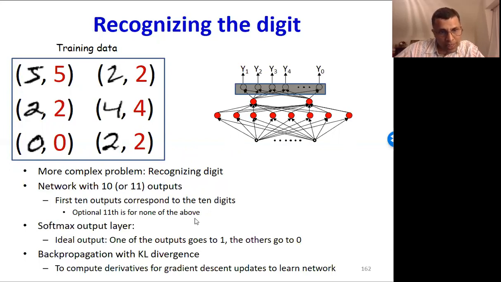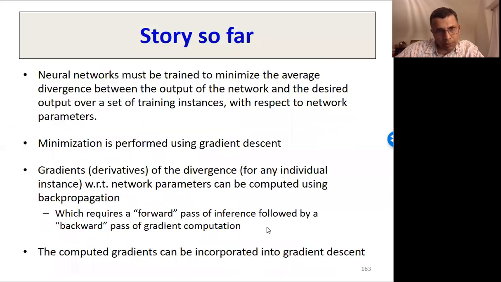The output layer itself is going to have a softmax activation. The ideal output is going to be one-hot. When we pass each training instance through the network, you get the output of the network, you compute the KL divergence between the output of the network and the ideal output, and then propagate its derivatives backwards through the network. You would do this for all of your training instances, accumulate all of the derivatives, compute the average derivative from all of them, and use those within gradient descent updates to learn the network.